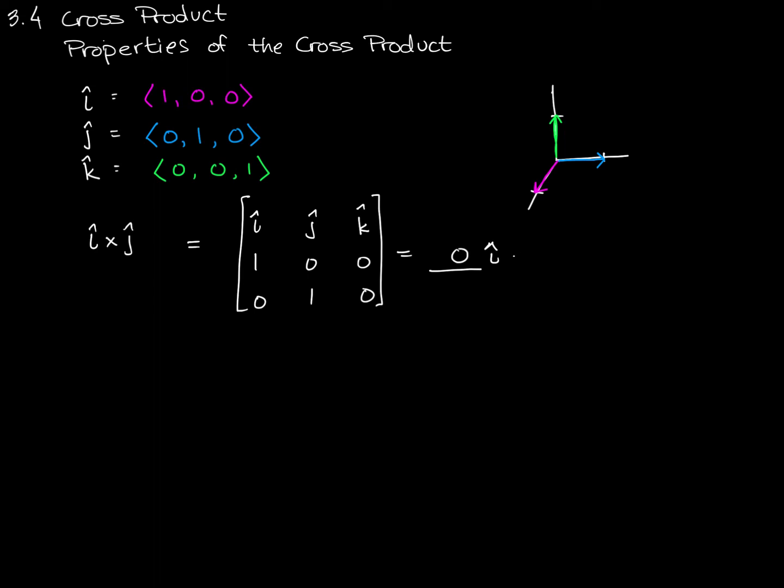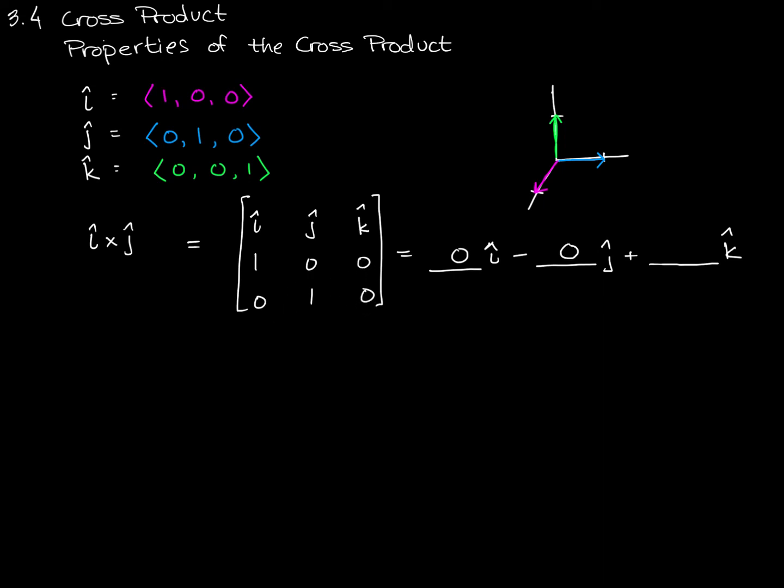Then I'm going to subtract something times j, and I'll add something times k. The coefficient of j comes about by crossing out the j's row and the j's column, which leaves me with this matrix here. I get 1 times 0, 0 times 0, so that's 0.